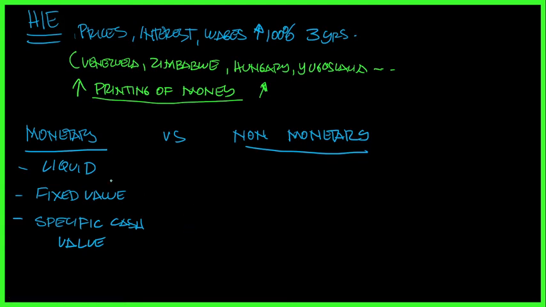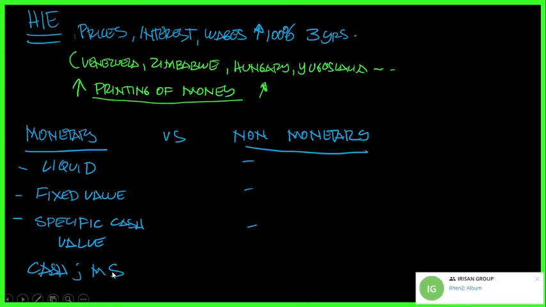For non-monetary, it's the opposite. They are not highly liquid. There are no fixed value. Ibig sabihin nito, if in your financial statements, it's valued at 10,000, it may not be exactly 10,000 kapag binenta sa market. Okay, so there's no specific cash value. Some examples in your monetary: you have your cash, you have your marketable securities.